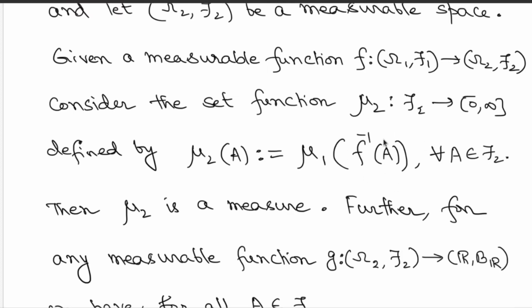You look at these pre-images, and this set is now on the domain side, in the sigma field script F1 by the measurable structure of the function f, and you can consider the measure of it with respect to mu1. That value gets associated to this set function. We first claim that this set function thus defined is a measure.